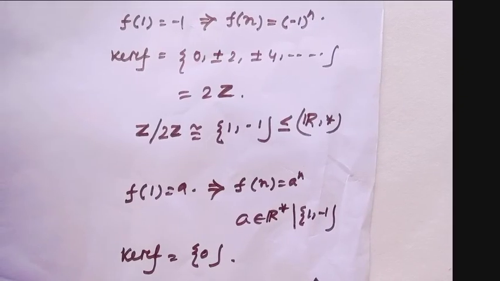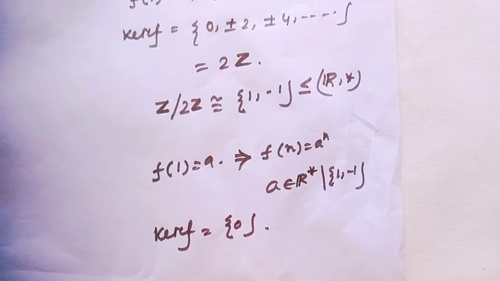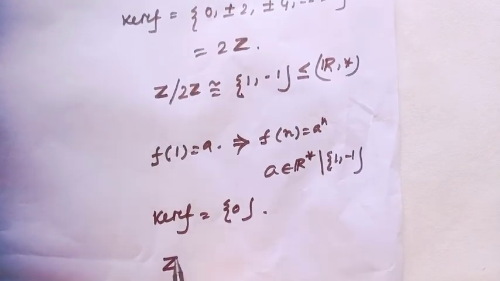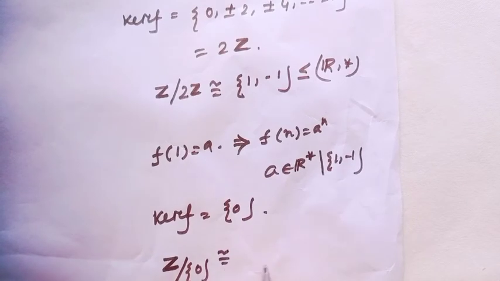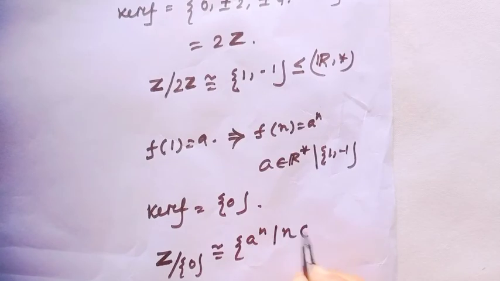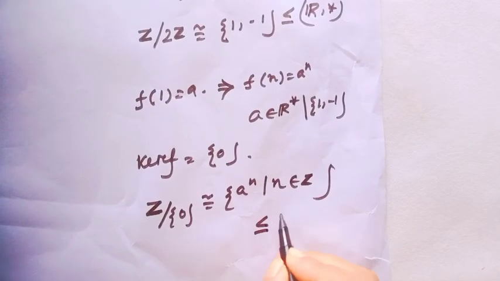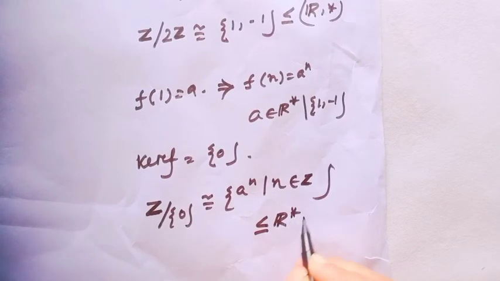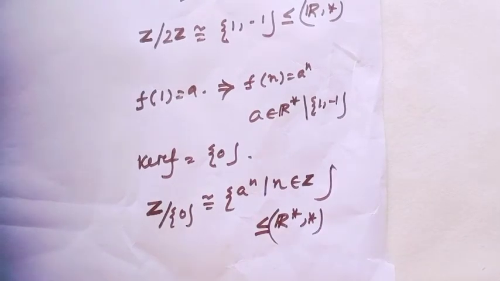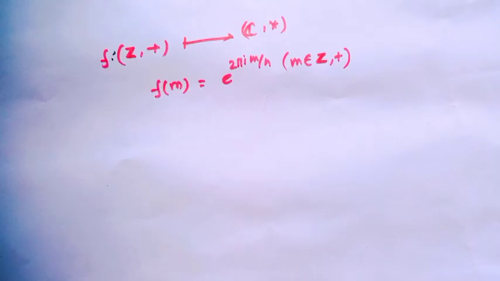That means the kernel of f is only 0. Therefore, by the first isomorphism theorem, Z is isomorphic to a to the power n, where n belongs to the integers, and this is also a subgroup of the non-zero real numbers under multiplication. Okay? Are you getting this mapping? This is very interesting. Let's consider another example.